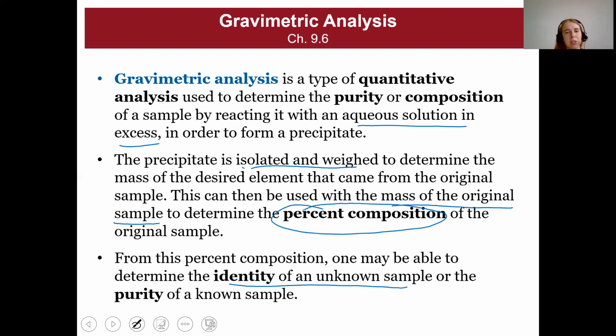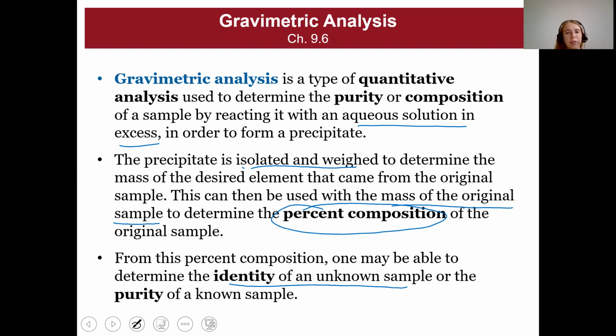So percent composition of ionic compounds is pretty unique to the ionic compound. So the percent composition of chlorine in sodium chloride is distinct from the percent composition of chlorine in silver chloride, for example. So they have a distinct percent composition, so that can help us to identify an unknown sample.